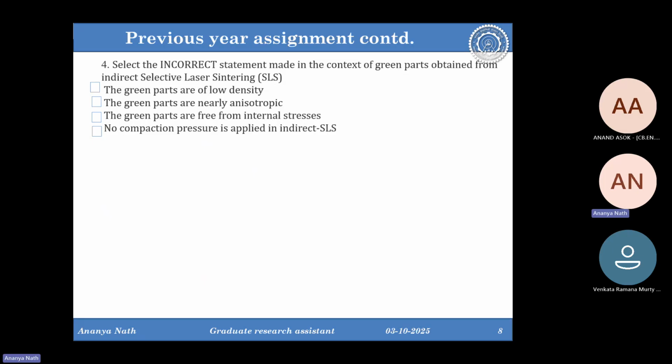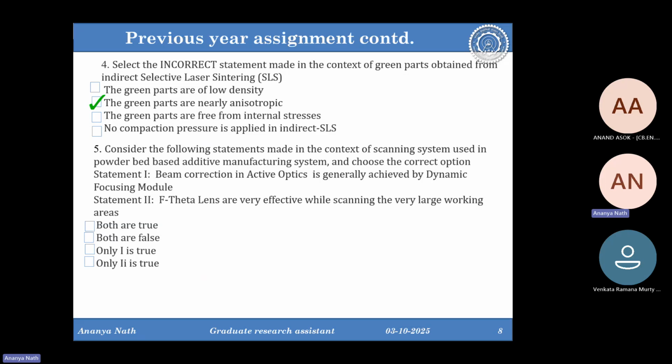Select the incorrect statement made in the context of green parts obtained from indirect selective laser sintering. The green parts are nearly anisotropic. In any case, the parts are a little bit anisotropic in case of PBF. We try to make them isotropic, but here it says it's incorrect.